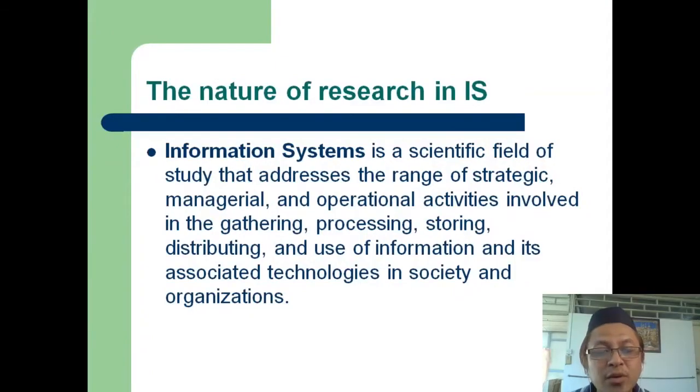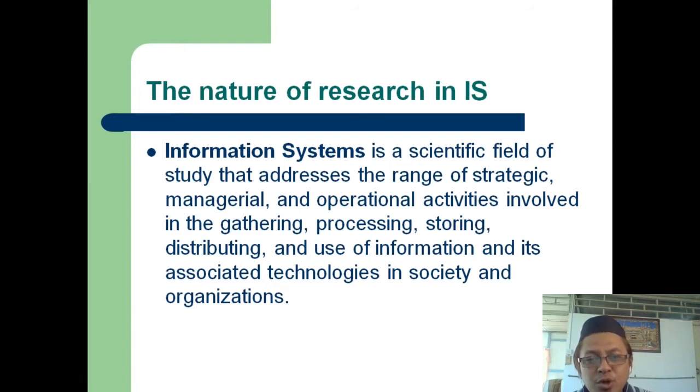All right, now let's look at the nature of research in information system. If you look at the different textbooks on the definition of information system, you will notice that various authors provide various definitions of information system.